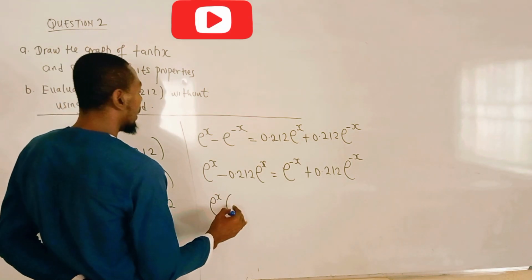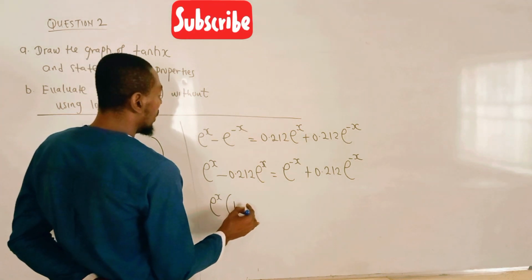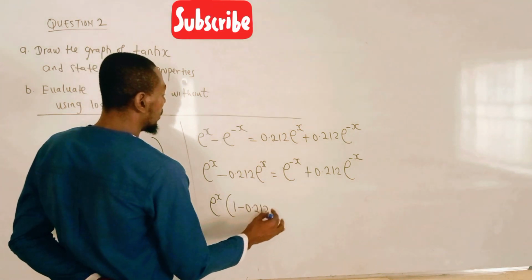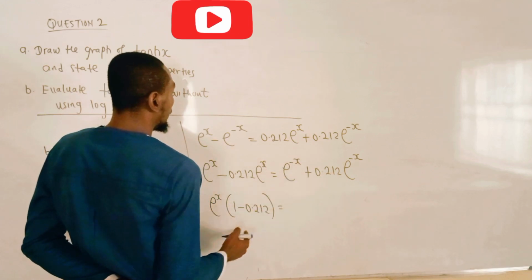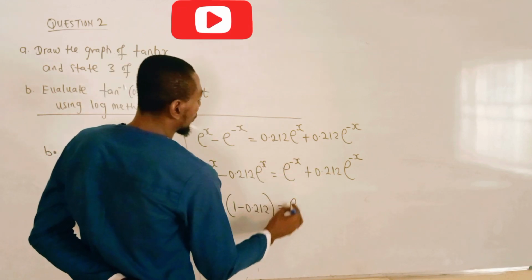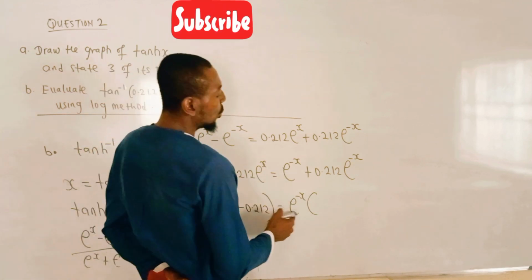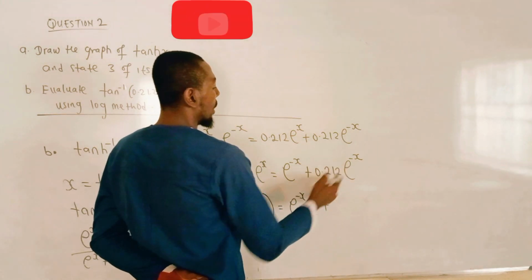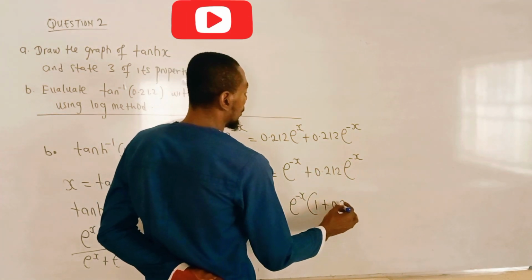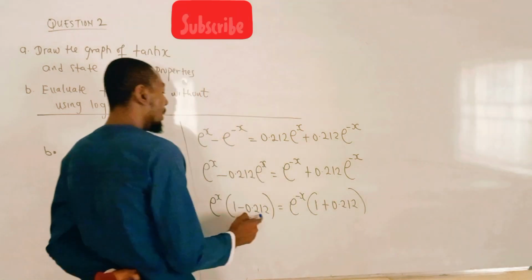So you can see what's common here is exponential x. We have exponential x into itself is 1 minus 0.212 equal to what's common here also is exponential minus x. Exponential minus x into itself is 1. And then exponential minus x into this to cancel out, we have 0.212. Alright? So we're going to add this guy together.